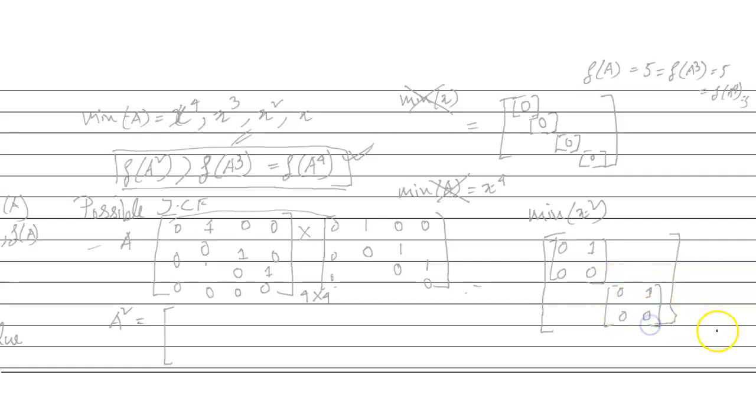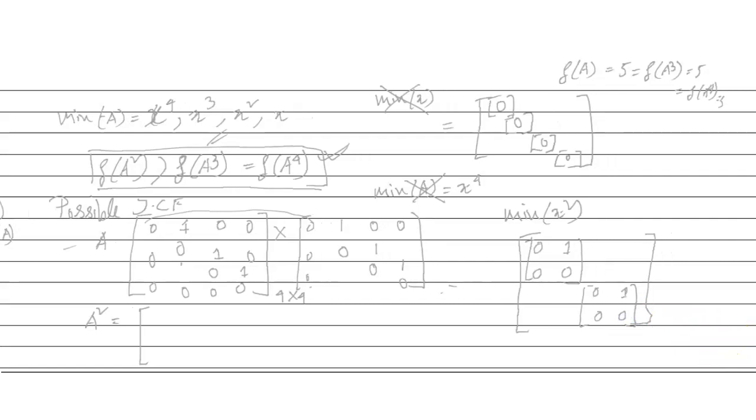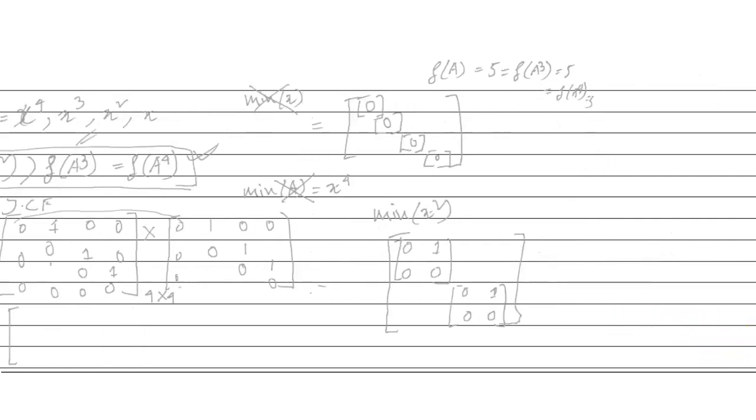This is my one possibility. Another possibility is 0 1 0 0 and 0 0 0. This is my other possibility, friends. So in total there are 2 possibilities.